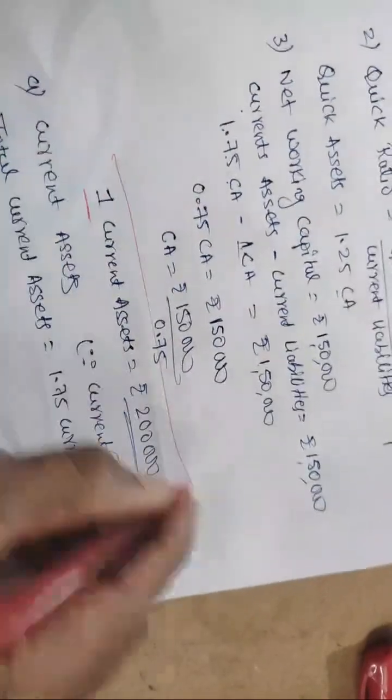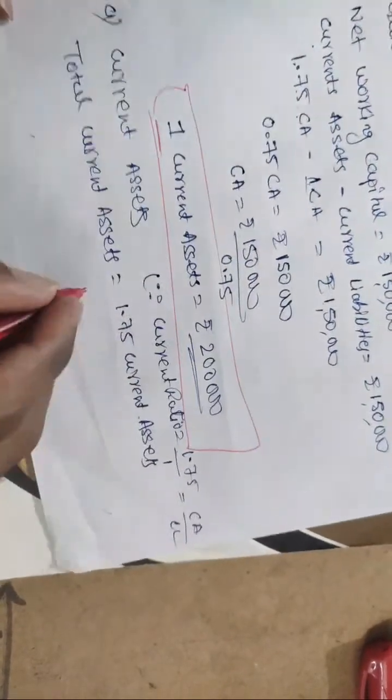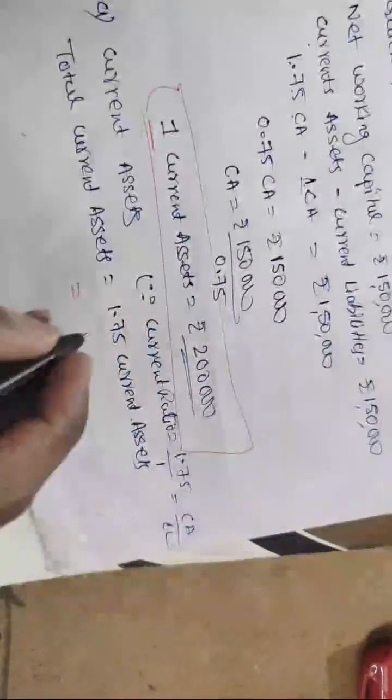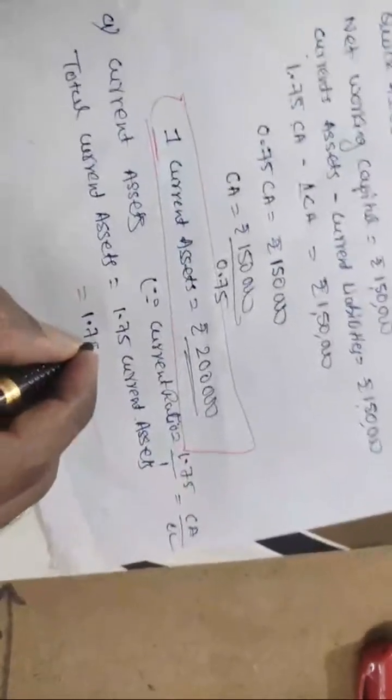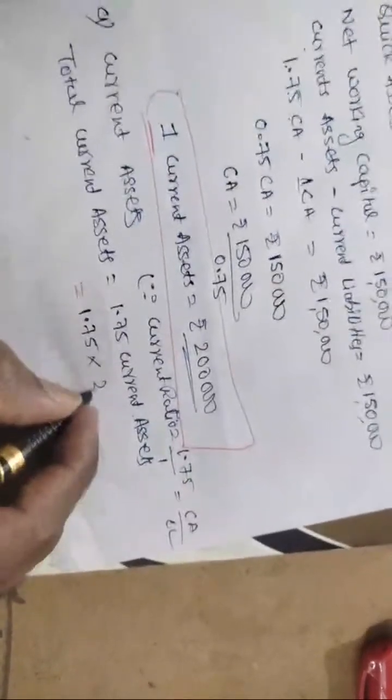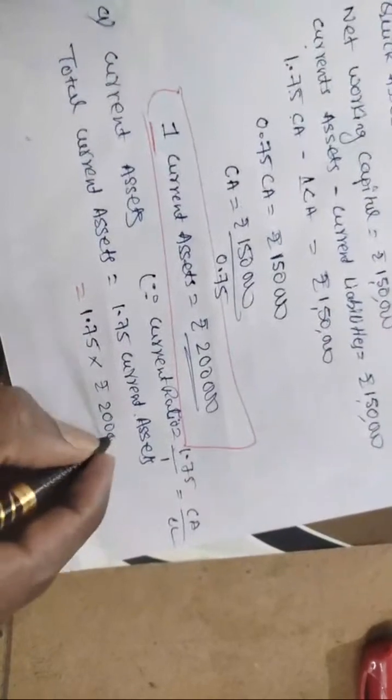Here we got one current liability as 2 lakhs, so we write 1.75 into rupees 2 lakhs.